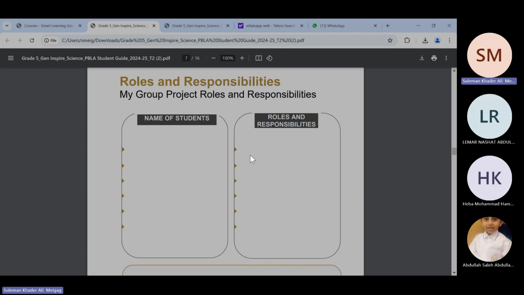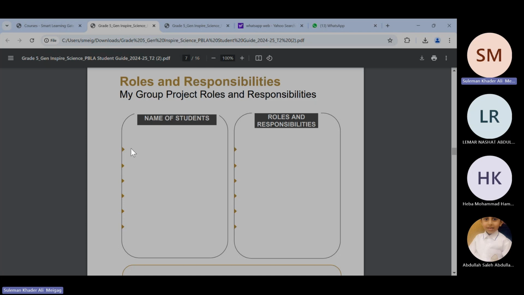One will write, one will do the lab, one will research, meaning Google and find about water in the Emirates, how to clean the water. One will make the talk, explain to the other class and the teacher. So this is 5 students in groups.